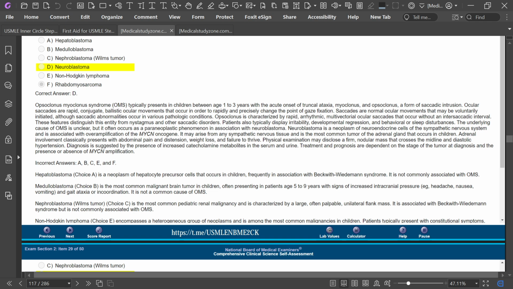So neuroblastoma is the one that crosses the midline, and nephroblastoma does not cross the midline.